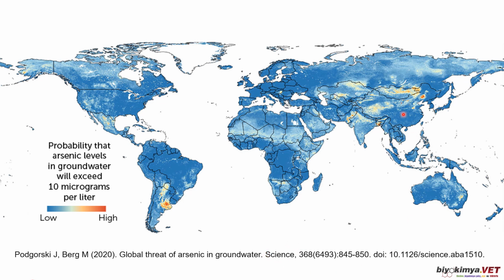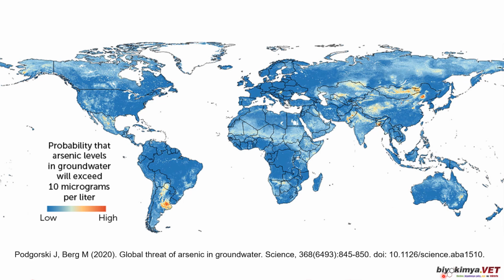In this figure, the researchers revealed a map of arsenic levels in groundwater, where some areas are clearly shown to contain high arsenic levels, which are the risk areas.